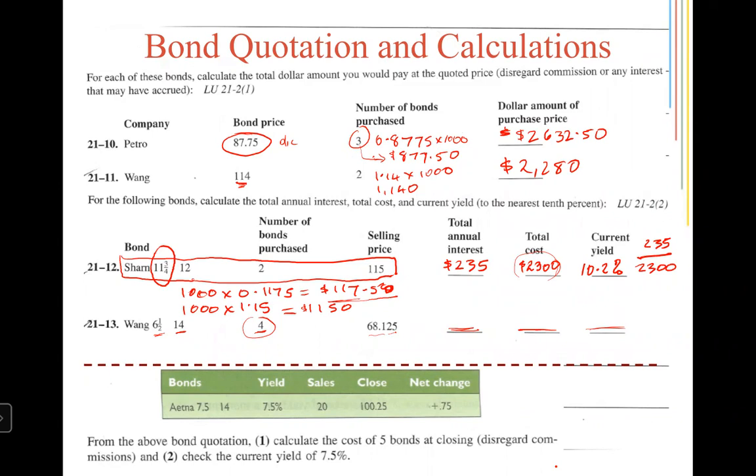Okay, Miss Bain. Hi. Okay, tell me what you did for the first part. Okay, so I converted 6.5 into a decimal, which is 0.065. I multiplied it by 1,000.